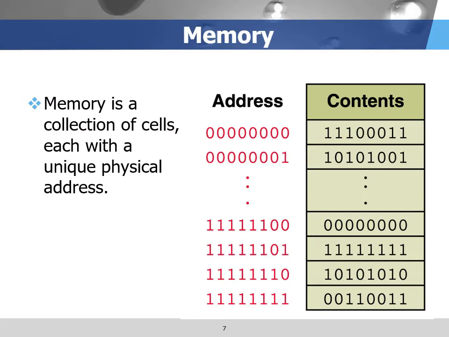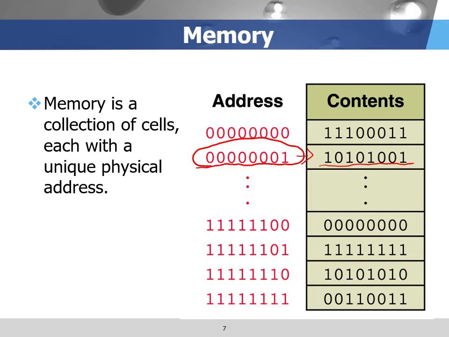Before we go into the details of the fetch and execute cycle, let's look at the memory first. The memory is a collection of cells, and each cell has a unique physical address, just like the picture shows here. The right side is the memory, and the left side is the address. For example, this is the address for this cell, and this is the content.